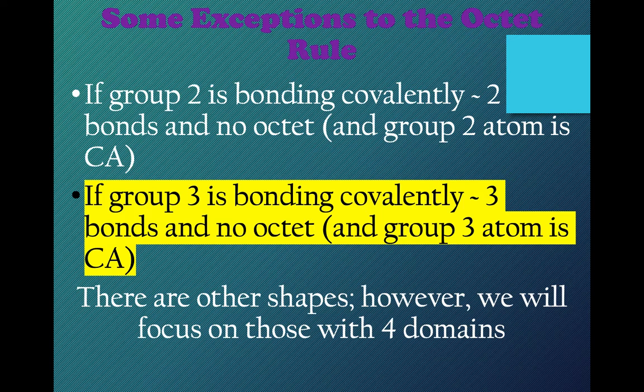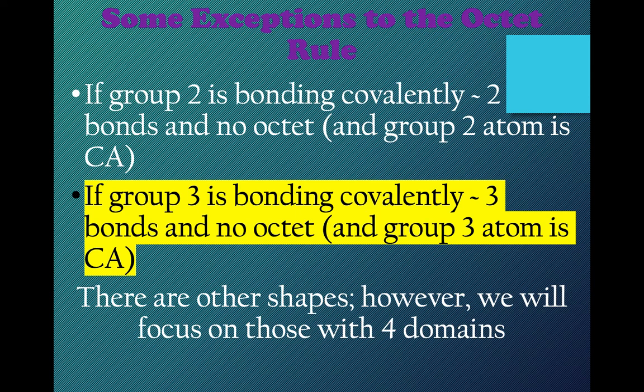They only need 6. This is easily explained, however, we have not learned the chemistry to explain why this is okay and they can get away with only having 6. Just know that if you have a group 3 element, that's going to be an exception.